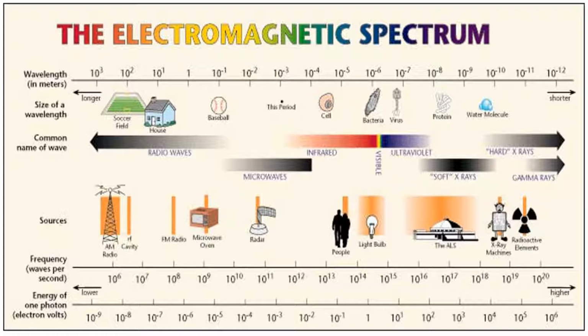The entire electromagnetic spectrum, from the lowest to the highest frequency, includes radio waves, infrared radiation, visible light, ultraviolet radiation, X-rays, and gamma rays. Nearly all frequencies and wavelengths of electromagnetic radiation can be used for spectroscopy.